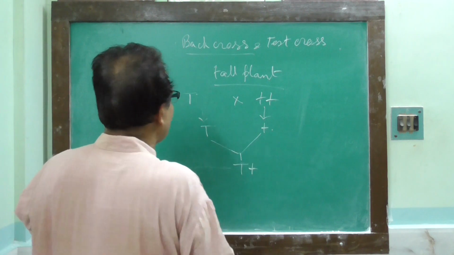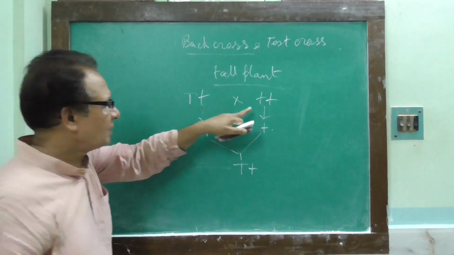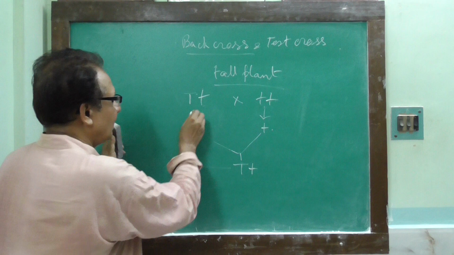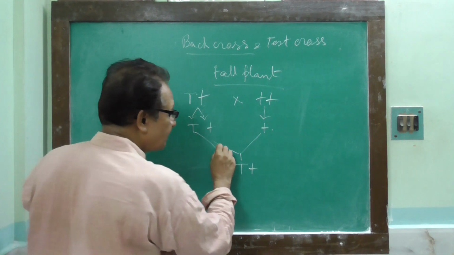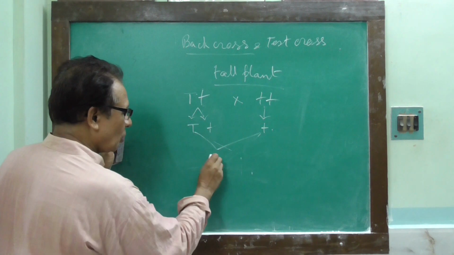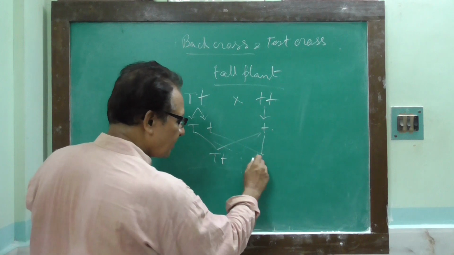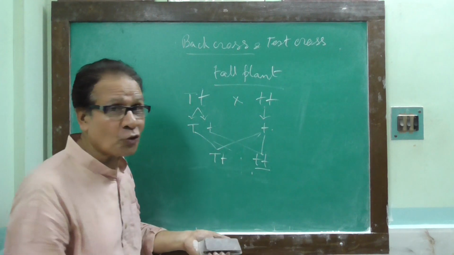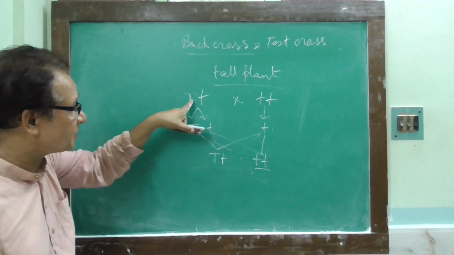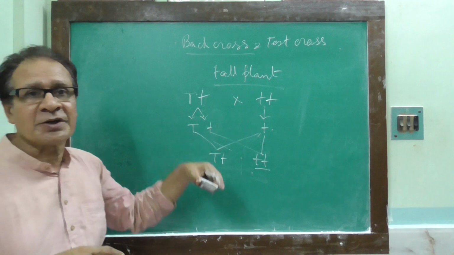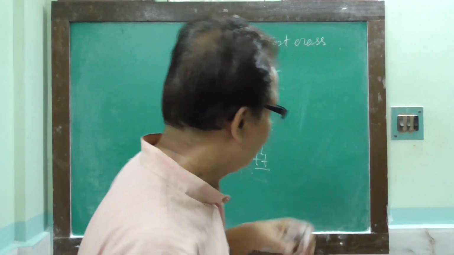And if it is the heterozygous tall, then the cross is done. Here two types of gametes are produced, capital T type and small t type. If capital T fertilizes small t, then capital T small t is tall, and small t small t is dwarf. So here a dwarf plant is obtained. That means the dwarf gene must be present in the given plant. So it is the heterozygous tall.